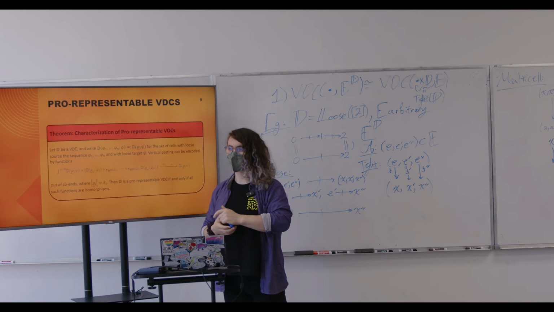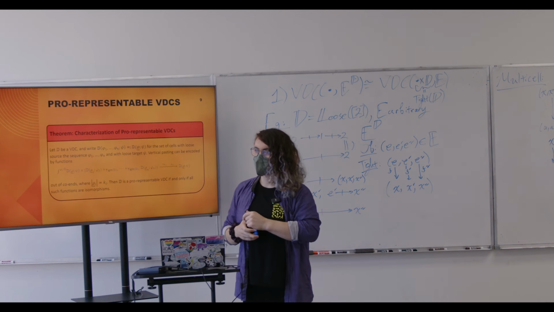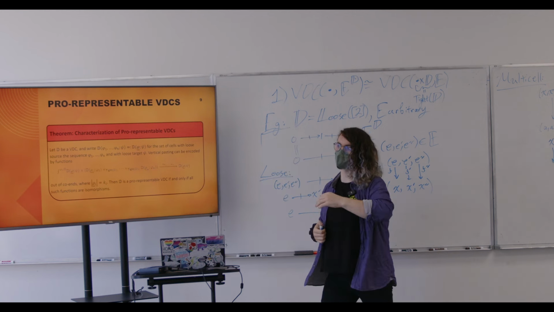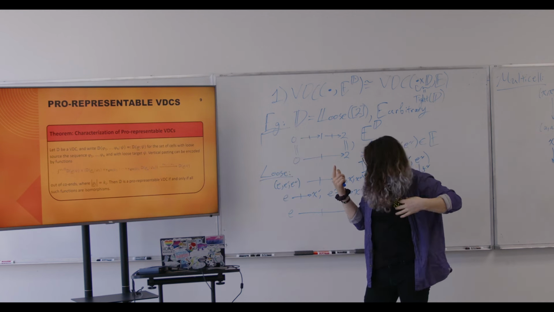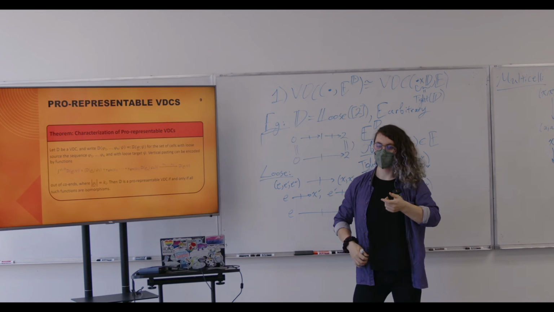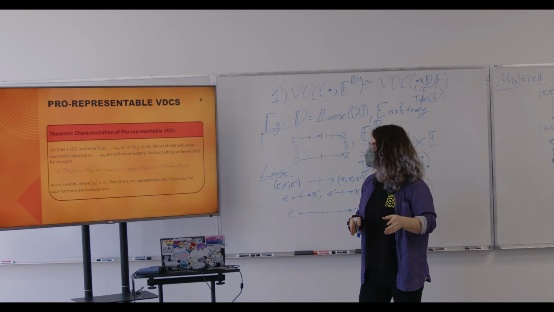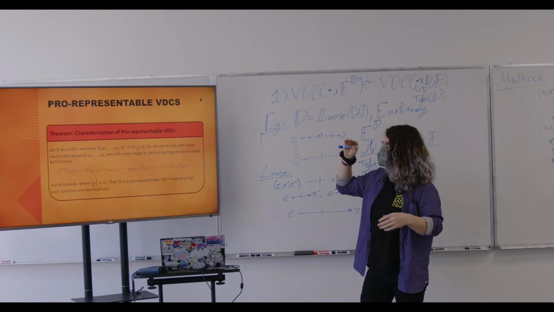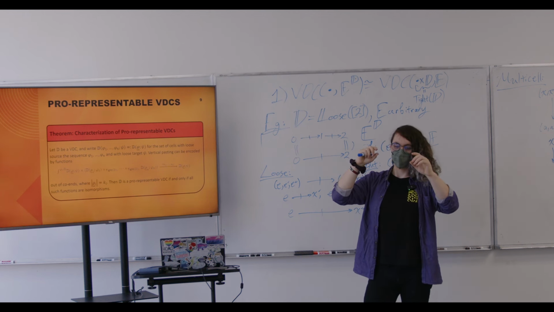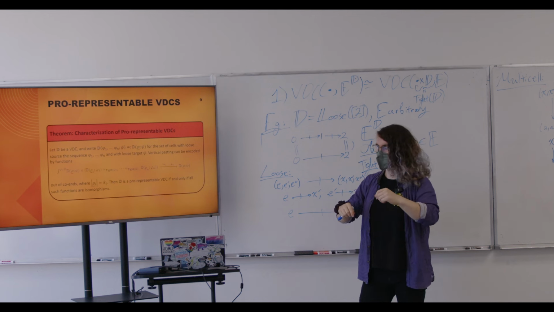Yeah, question? Maybe asking the intuition behind pro. Yeah, great question. So one reason I think for the naming of pro-representable is that multi-categories you can think of, if you're not familiar, as virtual double categories where the tight category is trivial, so you just have a single object and a single tight arrow.